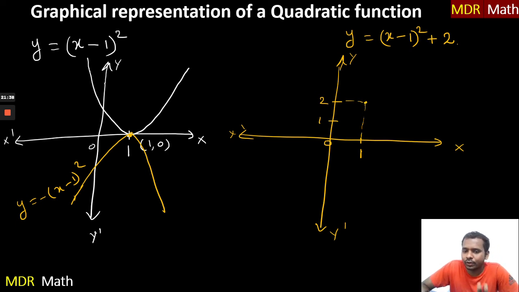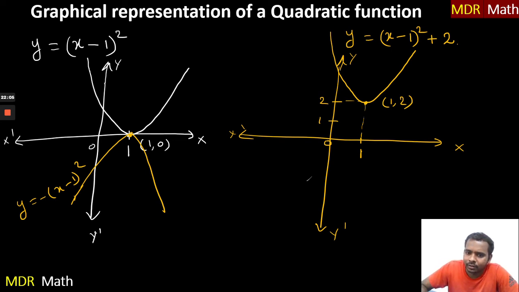At x is equal to 1, you will see the minimum value of this function, so your curve will go like this. And what are the coordinates of the vertex here? 1, 2. Remember, the coordinates of the vertex of this parabola are 1, 2.